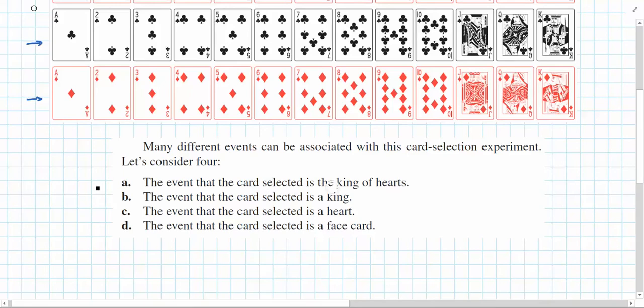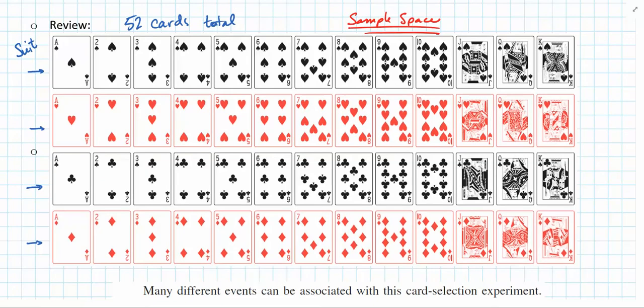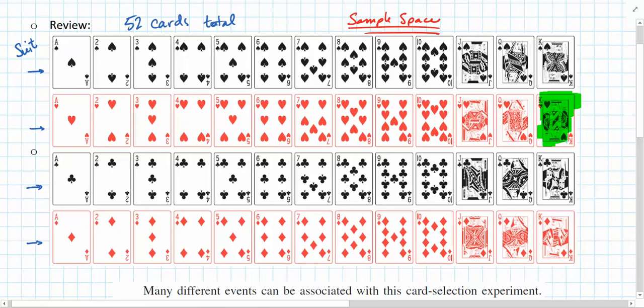Find the probability that the card selected is the King of Hearts. It's a bad looking heart, but hopefully you get the idea. Well, if I go to my sample space, since I have this nicely organized here, I'll just go looking for the King of Hearts, and there it is.